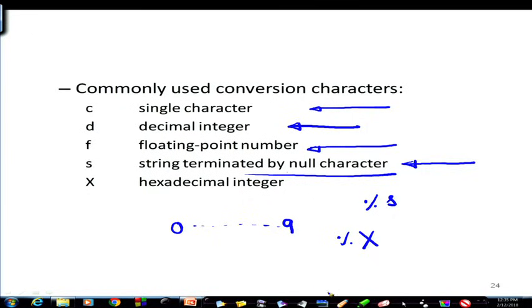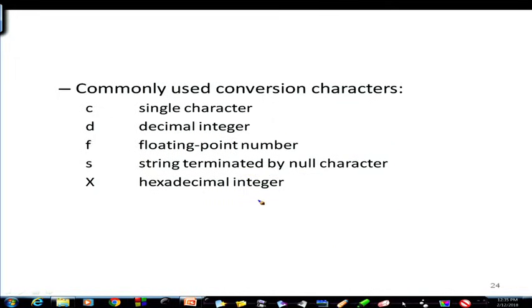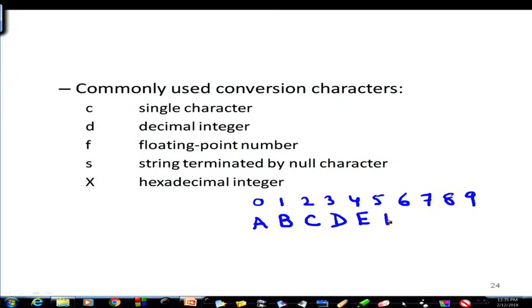All the numbers I am describing using 0 to 9, that is my alphabet set, whereas in the case of hexadecimal the base is 16, and so, the base being 16, I have got 0, 1, 2, 3, 4, 5, 6, 7, 8, 9, these 10 numbers, followed by A for 10, B for 11, C 12, D 13, E 14 and F 15.